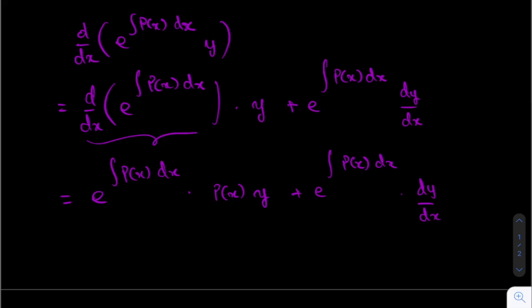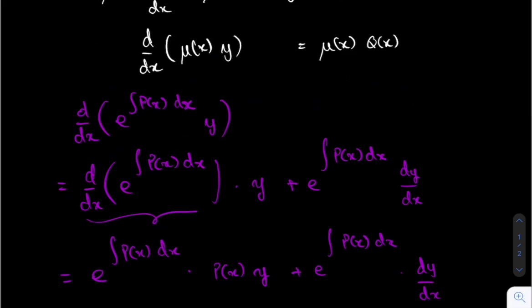And once again, e to the power integral of p of x dx is mu of x, which is the integrating factor. So I just showed you that the left-hand side is in fact coming from the product rule of mu of x times y.